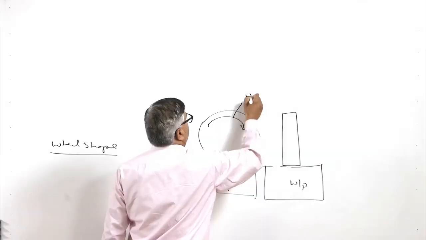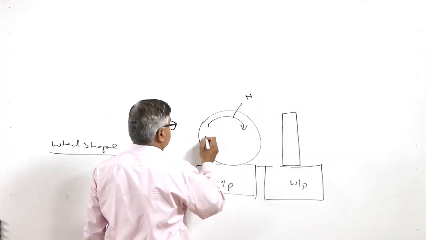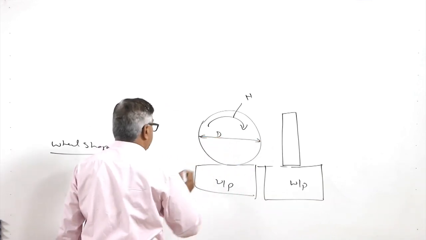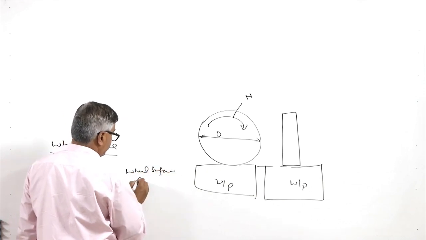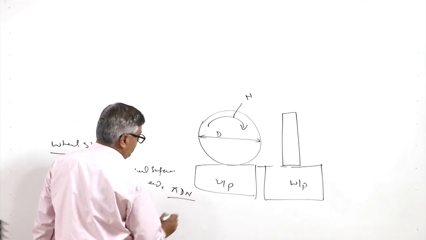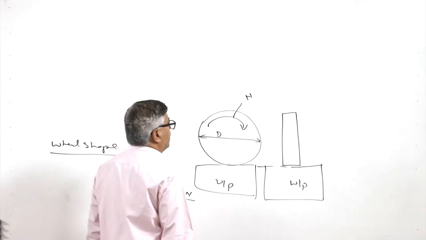So, it is rotating at n rpm, rotational revolutions per minute, and this is the diameter of the grinding wheel. Then the wheel surface speed is given using pi D N. D is the diameter of the wheel, N is the revolutions per minute.